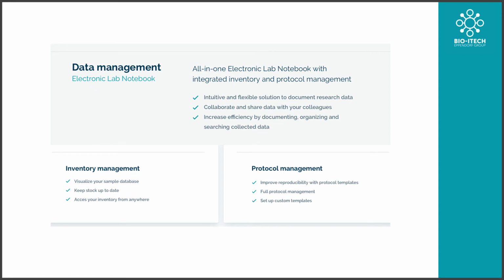For example, ELNs can offer an all-in-one solution when they are inclusive of an inventory manager and protocol system. At some point in time, you will likely need an ELN because with a standalone LIMS, you will only have the information about the sample itself and nothing else, which only provides half of a full story.